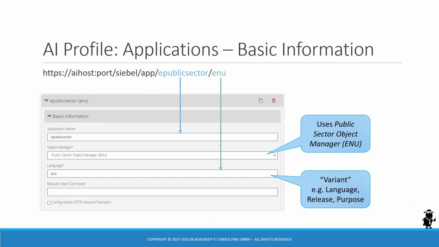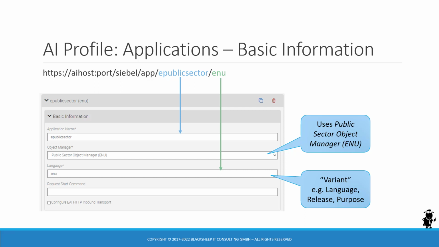The application sections, especially the basic information, is important to understand that URLs in IP17 and higher have two sections at the end. The last but one is the application name, so a meaningful name to your end users for the application. And the second one is what Oracle calls the language, but let's call it a variant, because the language is really driven by the object manager parameter, not by this string.